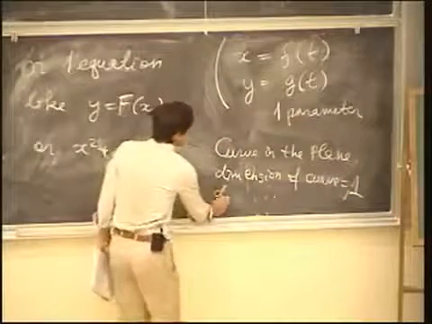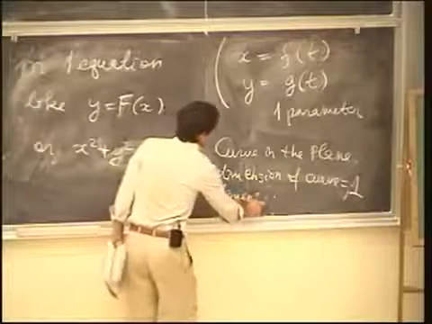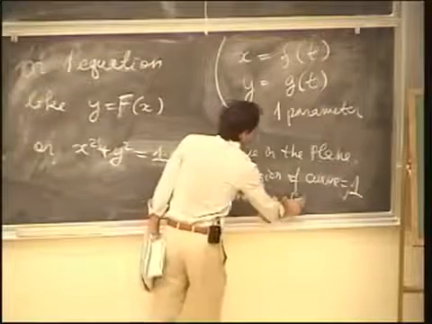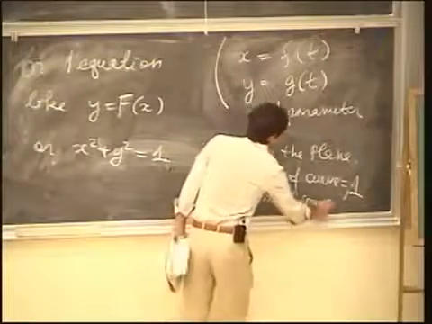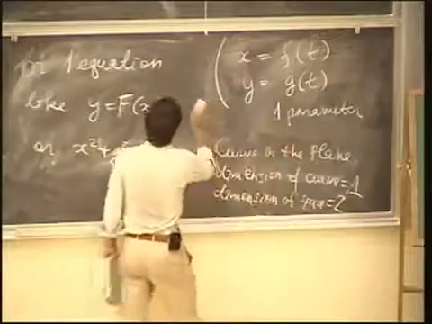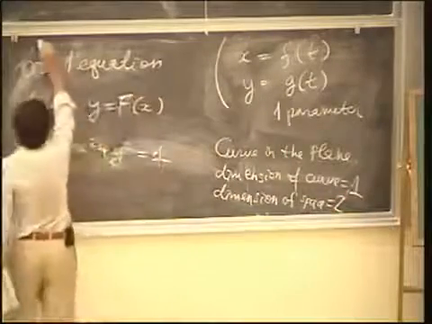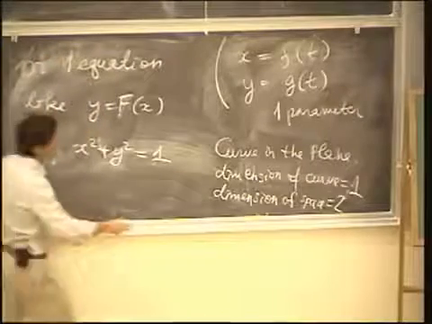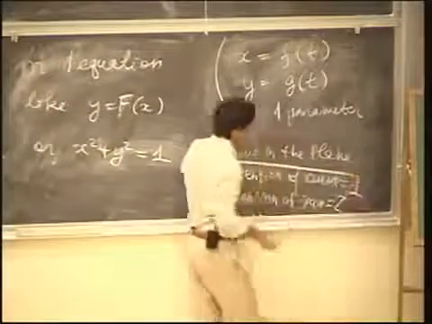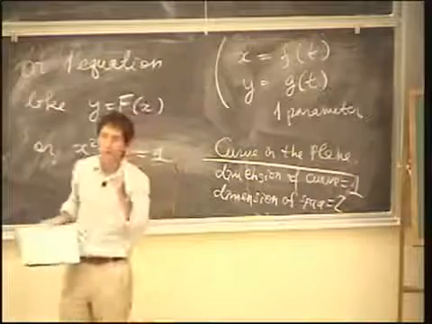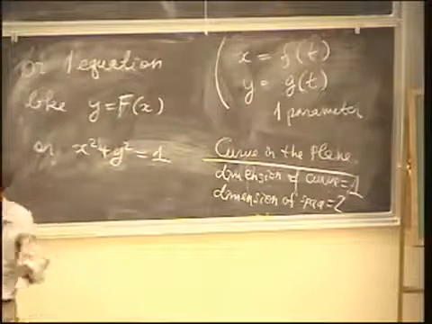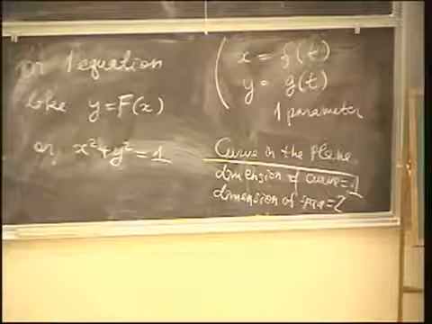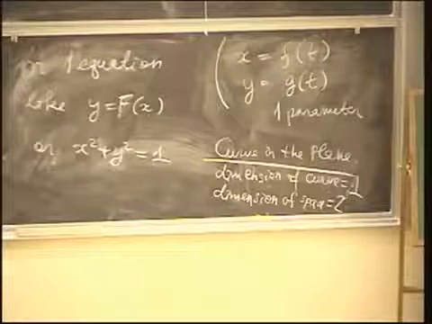And the dimension of the ambient space is 2 in this case. Because we talk about curves on the plane. So the object itself has dimension 1. And it's immersed, it's put in an ambient space, which has dimension 2.